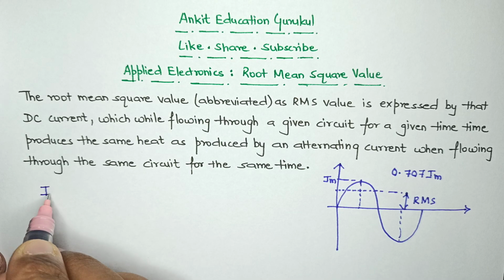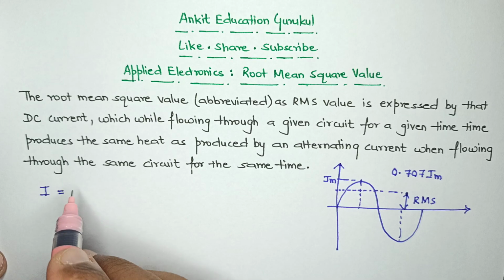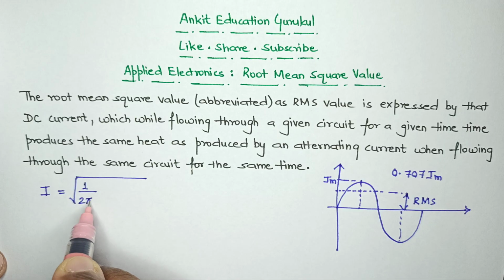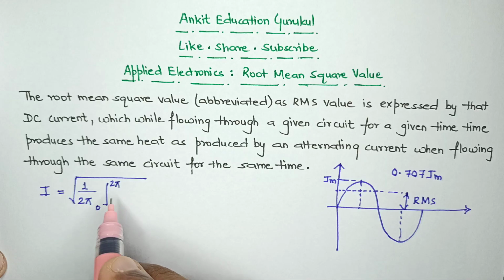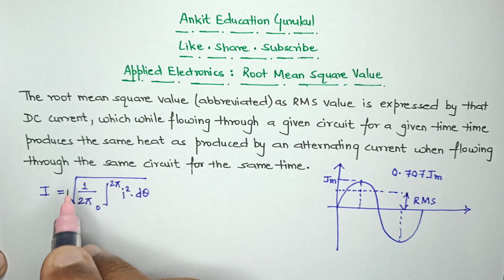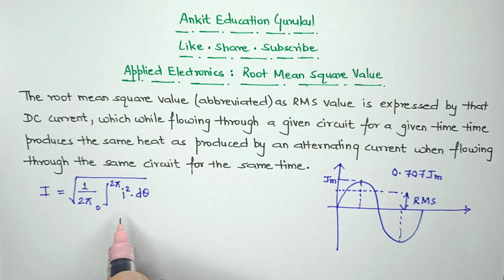So the value of I is given as the square root of 1 divided by 2 pi, integration from 0 to 2 pi, of i square d theta. This expression represents the RMS value by taking the mean of the squares of the instantaneous values of the current over one complete cycle.